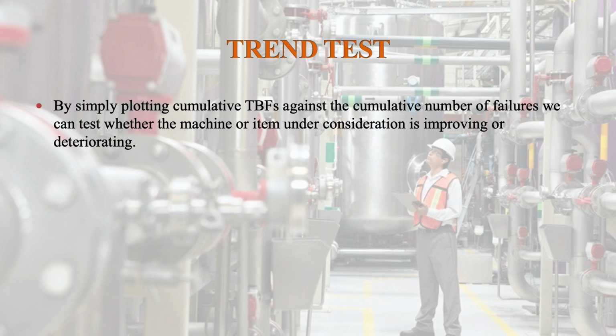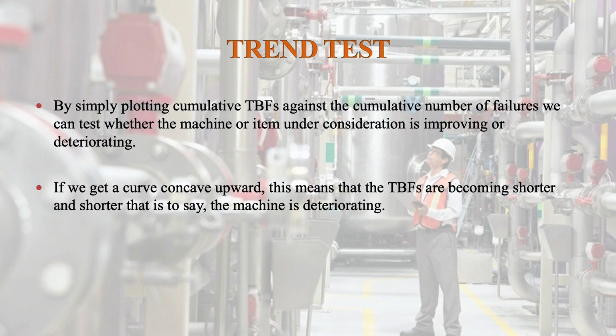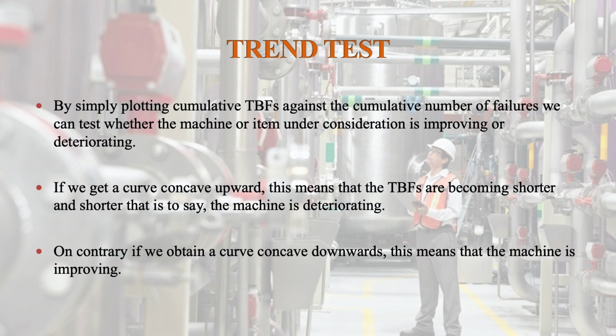By simply plotting cumulative TBFs against the cumulative number of failures, we can test whether the machine or item under consideration is improving or deteriorating. If we get a curve concave upward, this means that the TBFs are becoming shorter and shorter, that is to say the machine is deteriorating. On the contrary, if we obtain a curve concave downwards, this means that the machine is improving.